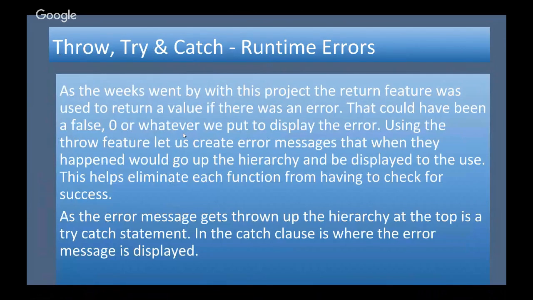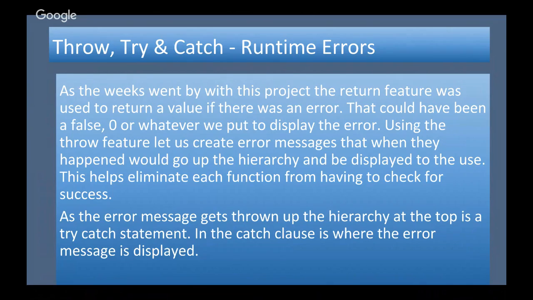Then we have our throw, try, and catch runtime errors. Throughout the semester, what we used were return functions. So we'd return like a 0 or a system out print, something that would let us know that there's an error, or that it's not working, or that it is working.